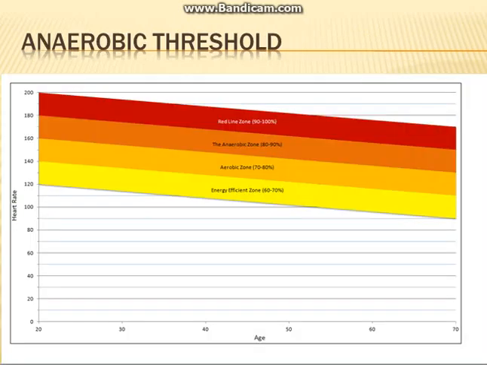This diagram here probably shows it a little bit better. So here we have heart rate up the side, and it declines because with age, supposedly, your maximum heart rate declines. So you can see that in this light orange zone is where we would work in our aerobic zone, I guess.